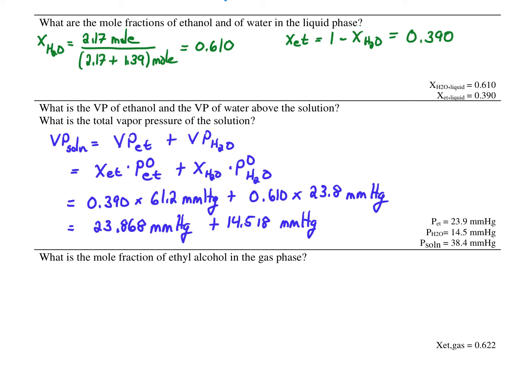We could report our intermediate values if we pay attention to sig figs here. Okay, looking at this number, we see that we could report 3 sig figs for each of these and get the results that the vapor pressure due to ethanol is 23.9, and the vapor pressure due to water is going to be 14.5.